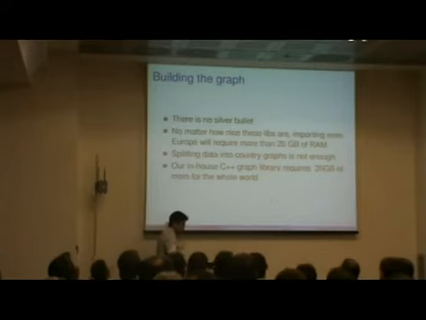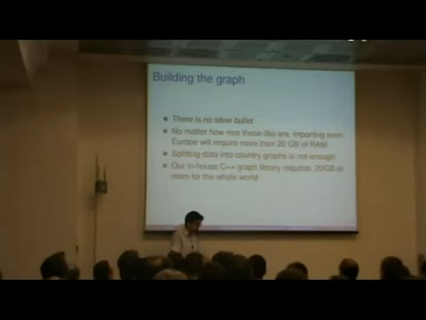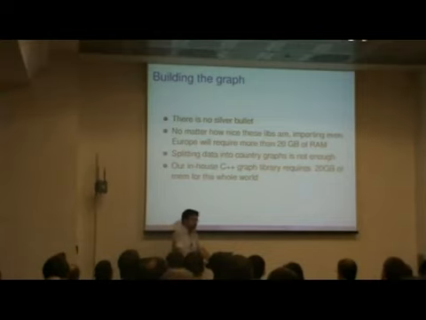But in general, in practice, there is no silver bullet. iGraph won't help you. NetworkX will need 20 gigabytes of RAM for a Europe raster. And well, I killed it before it stopped working, so I guess it would be more than 20 gigabytes. Splitting data into country graphs might help.